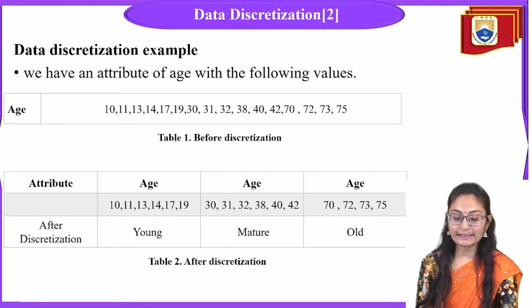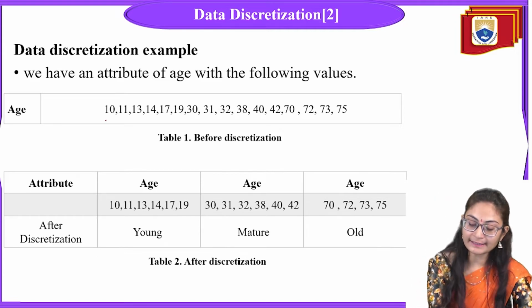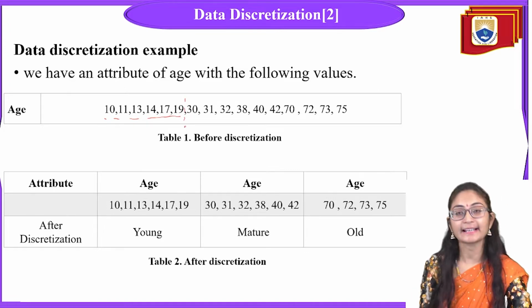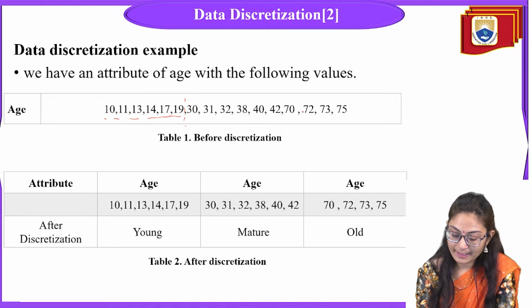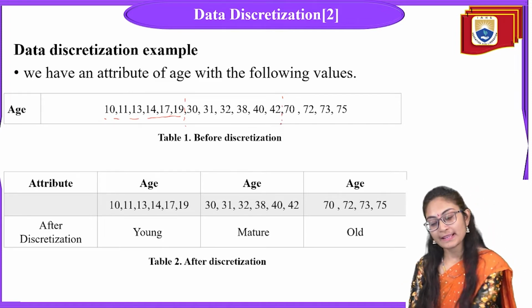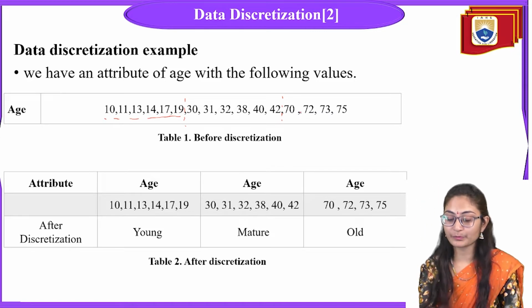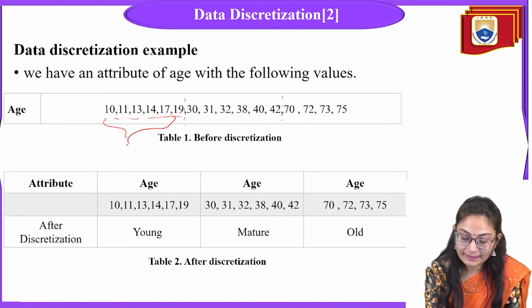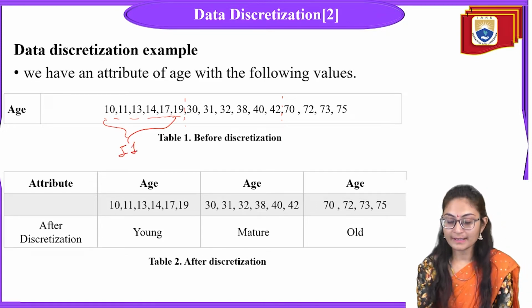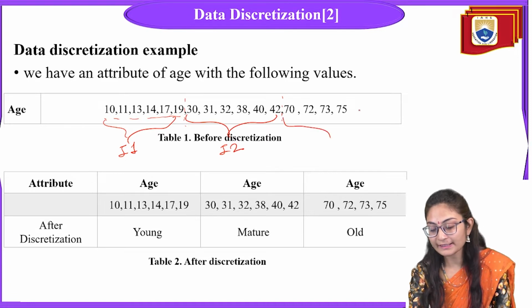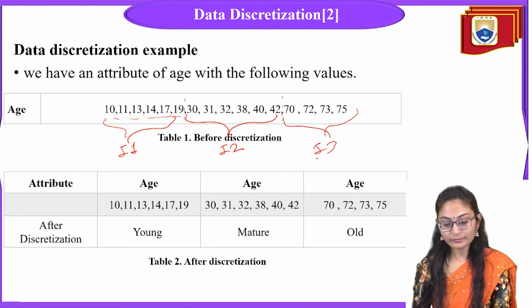Now I can observe that I split this data till 19. After that I split till 42, and another interval is 70 to 75. That means I got this interval first, second I2, and this one I3.